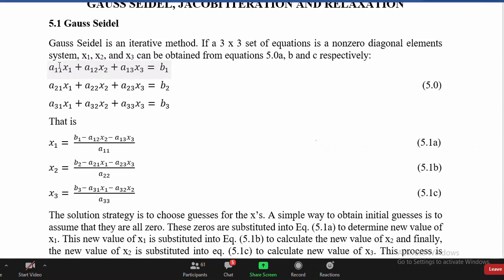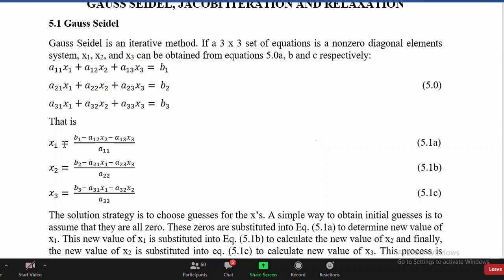As long as A11, A22, A33 are not equal to 0, we can apply it because the diagonal elements are non-zero. So what we do is that from equation 1, 5a, we make x1 the subject.